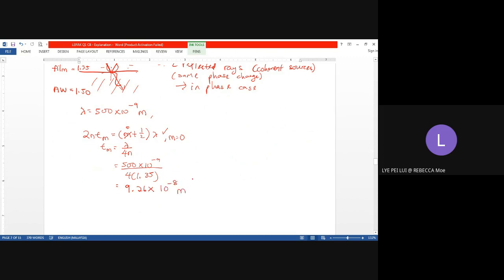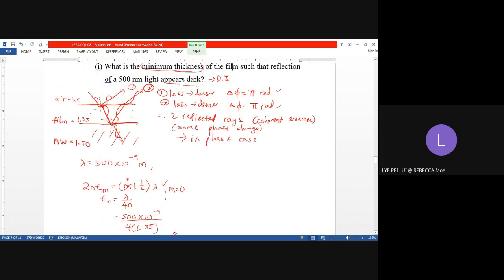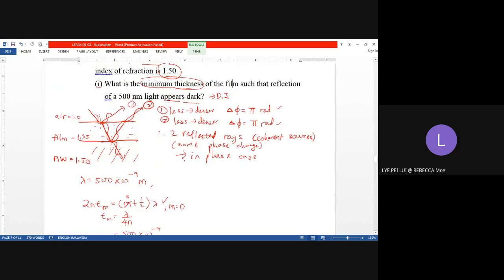If you want, you can put it in standard form, otherwise we put it in terms of nanometer: 92.6 nanometer. That is the minimum thickness, acceptable, right?